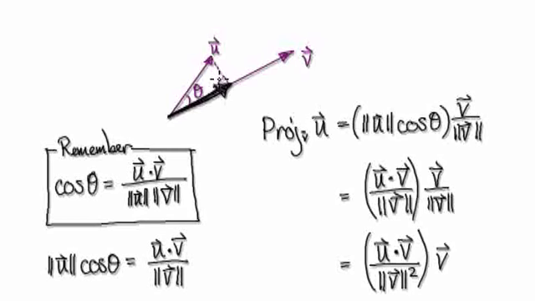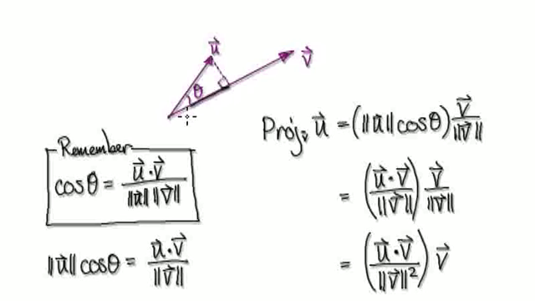So this vector here, basic trigonometry would tell you that the scalar length would be the magnitude of u times cos theta.